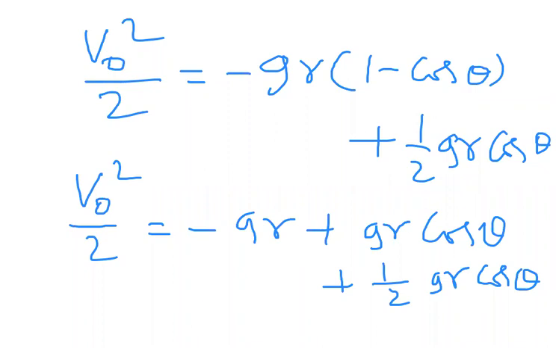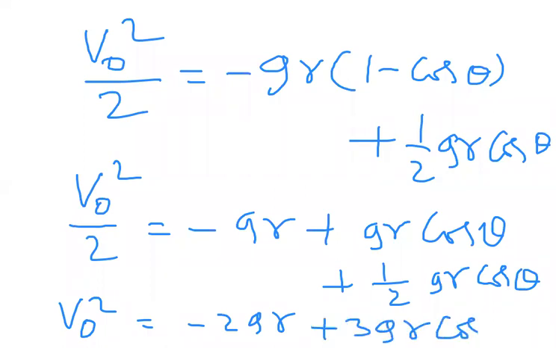If you take gr by 2 common, everywhere multiply with 2. v naught square is equal to minus 2gr plus 2gr cos theta plus gr cos theta, that is 3gr cos theta.